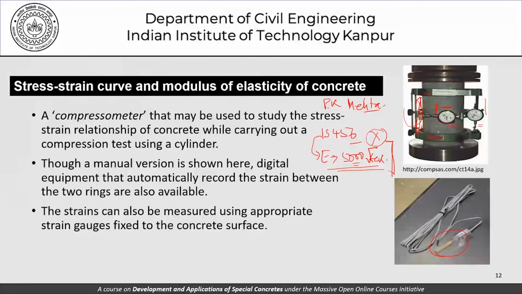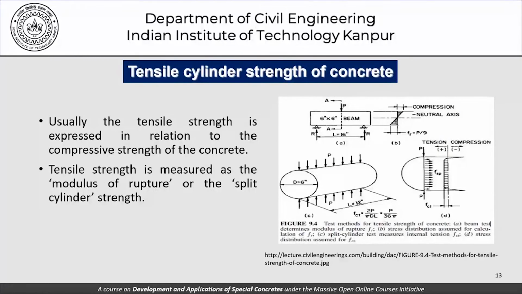Moving forward, there's the property of tensile strength of concrete that we are sometimes concerned about as far as hardened concrete is concerned. For example, in the case of cracking, we would like to know what is the tensile strength of concrete. Now, usually the tensile strength is available to us by way of a relationship with the compressive strength of concrete, or more precisely, the characteristic compressive strength of concrete.